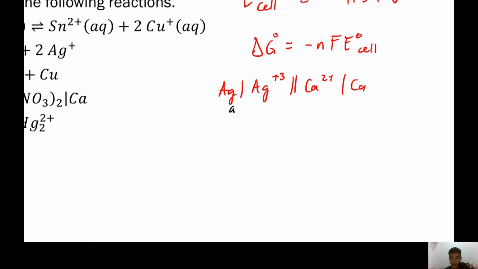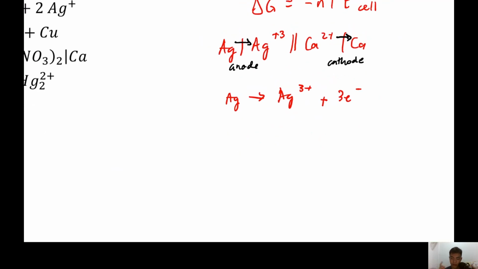This is the anode, so the reaction is from left to right. This is the cathode, and the reaction can be written left to right as well. In the anode reaction, I have Ag to Ag3+. Balancing this, I need 3 electrons. For the cathode, I have Ca2+ on the left and Ca on the right. Balancing this, I need 2 electrons.